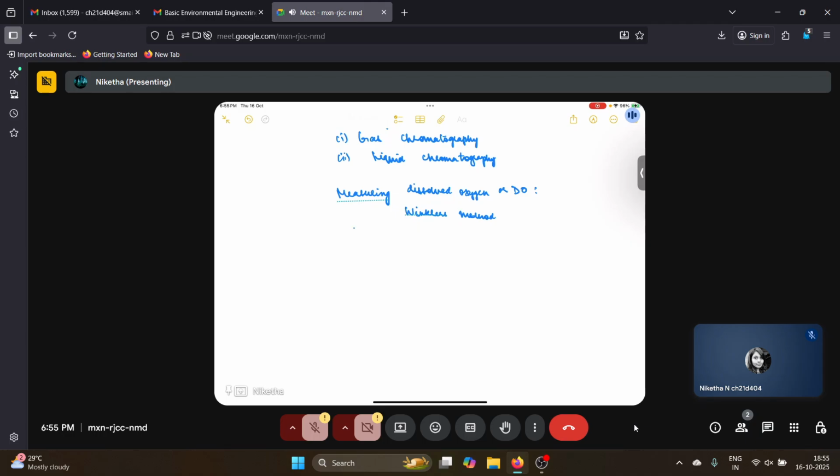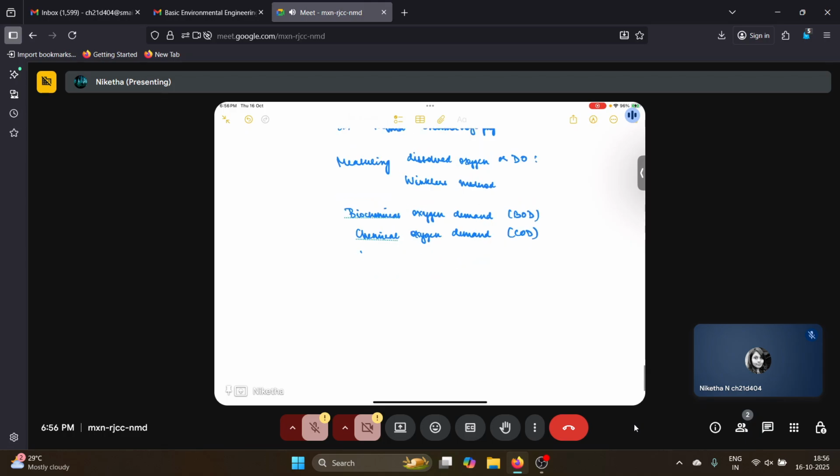Then we also saw about biochemical oxygen demand or BOD, and the chemical oxygen demand, or COD, and then total organic carbon, or TOC.